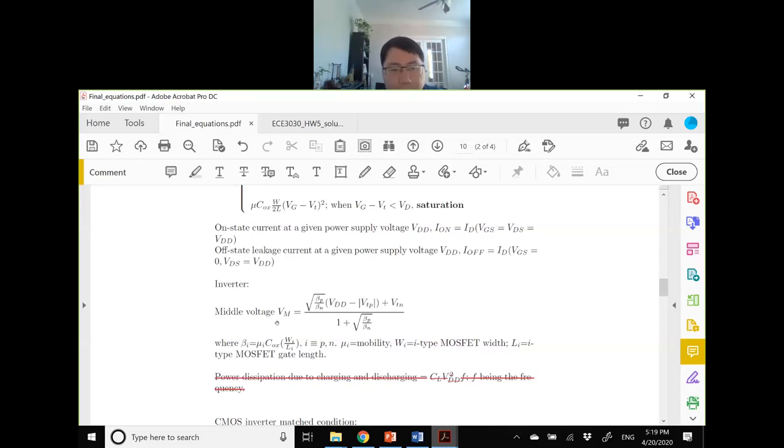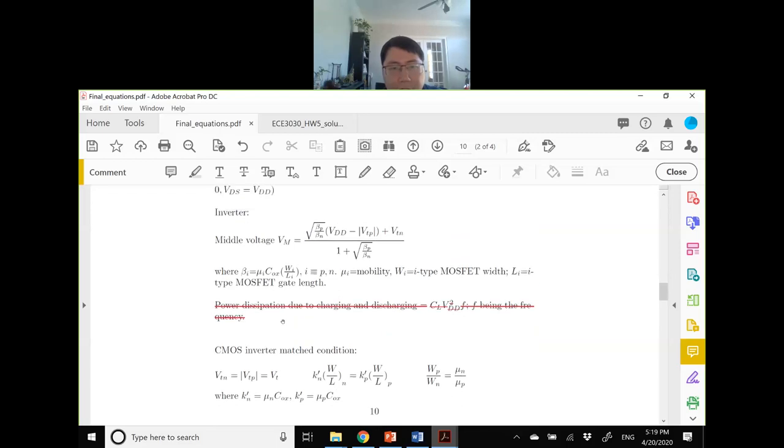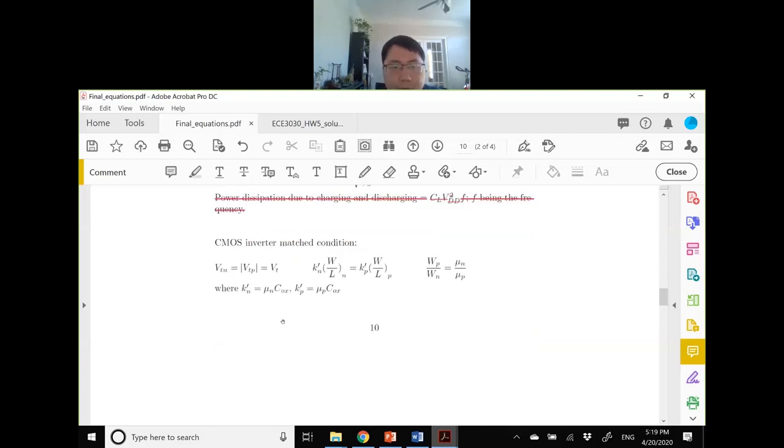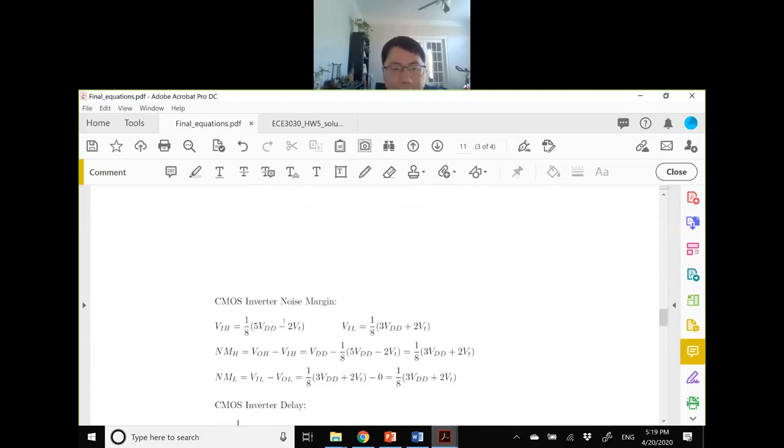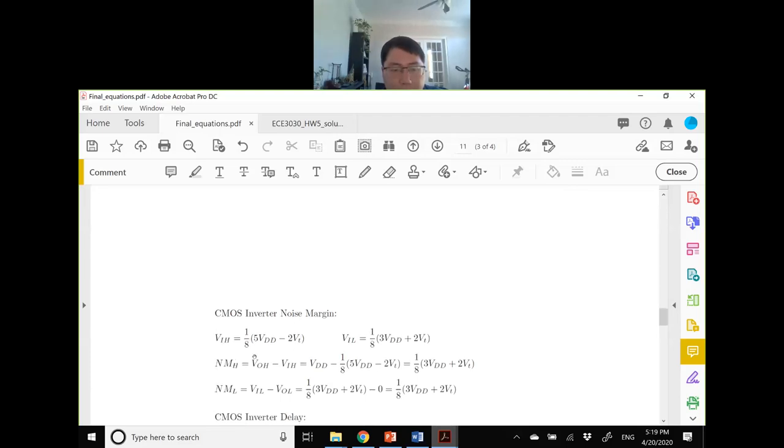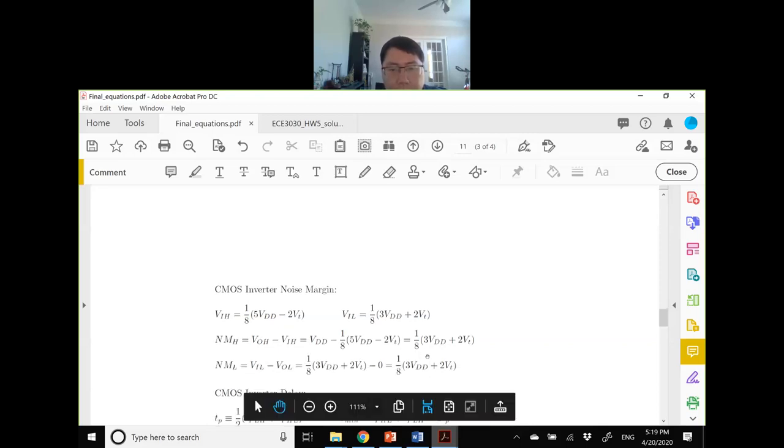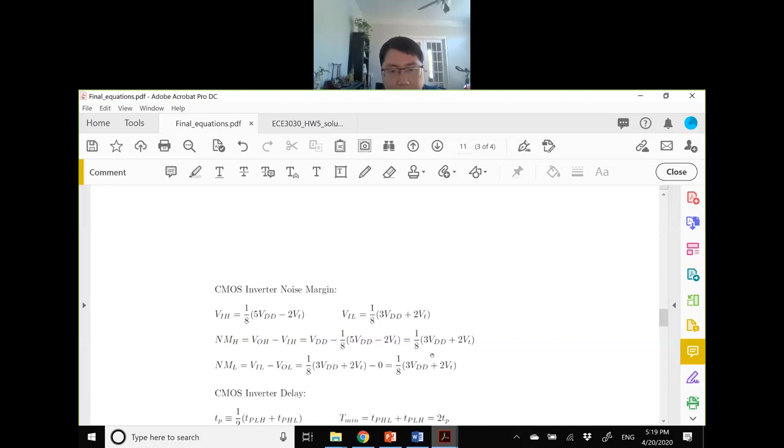So you can use that for the Vm if it's unmatched. And then for the noise margin, if you use the square law IV relationship, you can calculate the noise margin using those equations here. And this just depends on the VDD and the threshold voltage.